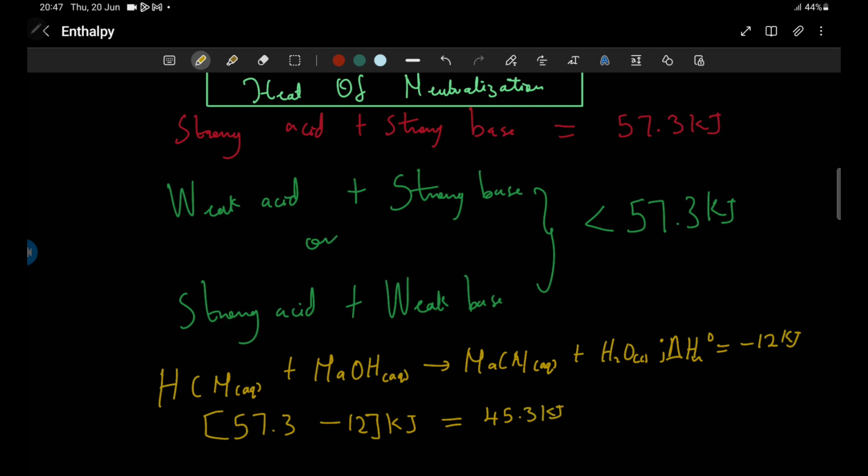So here you can say that the heat of ionization, or the amount of energy used for ionization of the weak acid, in this case hydrogen cyanide, the energy used to ionize hydrogen cyanide is this 45.3 kilojoules.